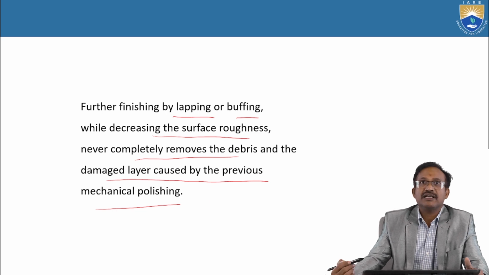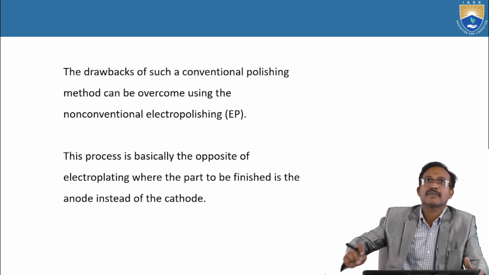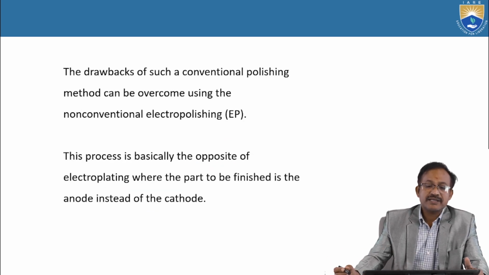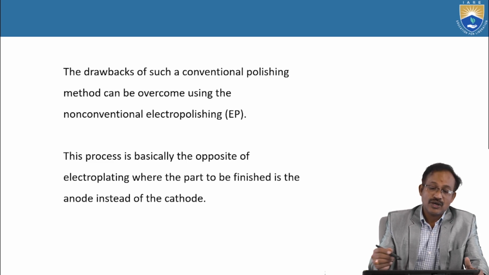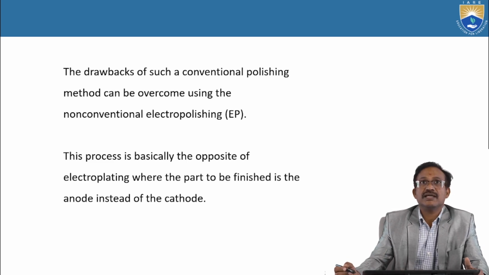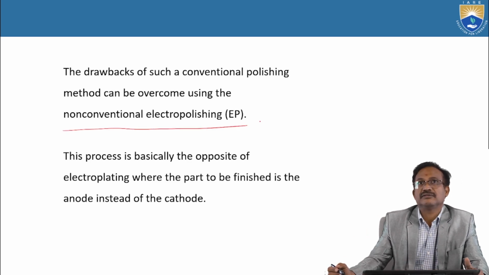So definitely after mechanical polishing, we have to go with lapping or buffing for further finishing of the surface. The drawbacks of such a conventional polishing method can be overcome using non-conventional polishing.